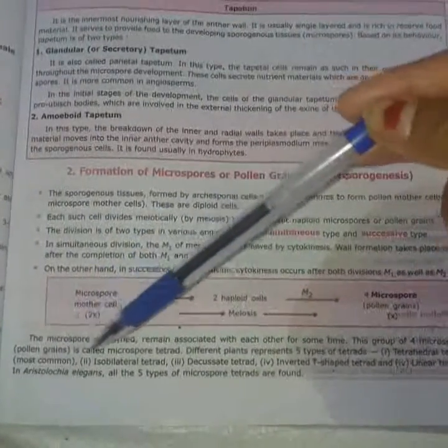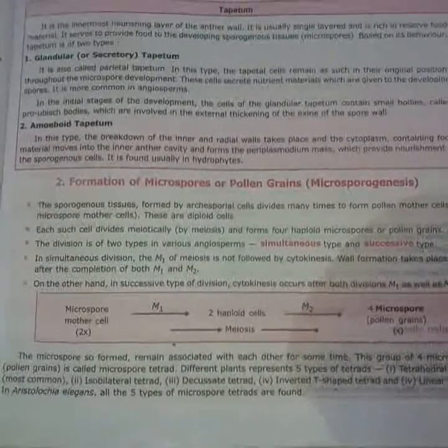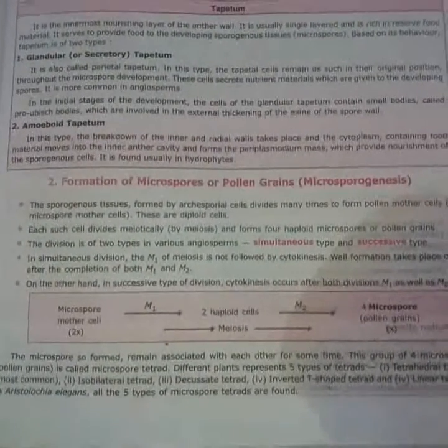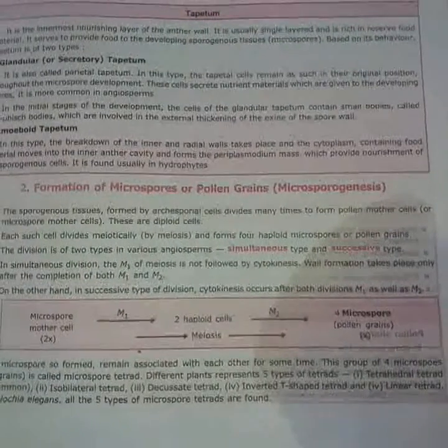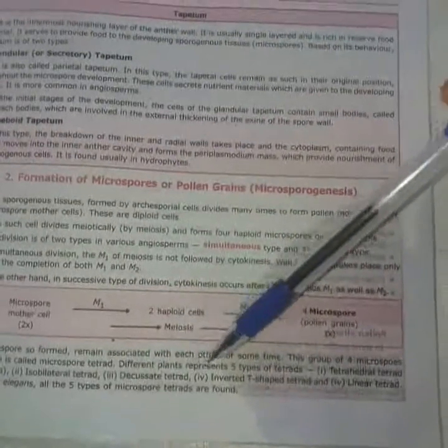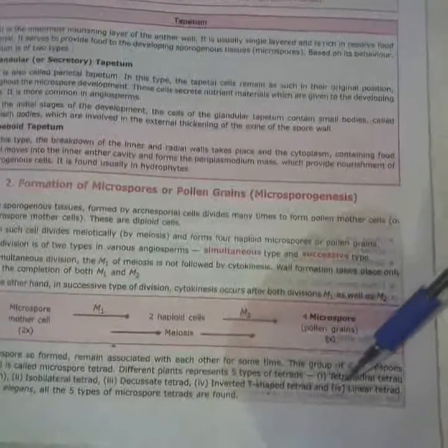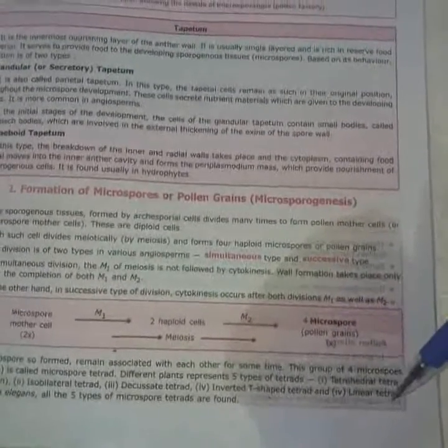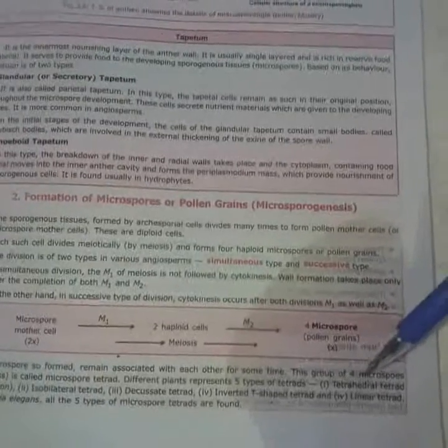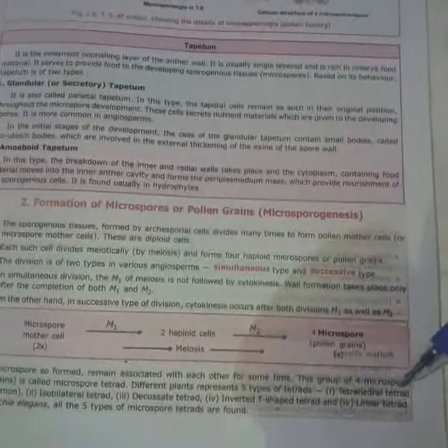It is the most common arrangement of pollen grains. Next is the isobilateral tetrad, then the T-shaped tetrad and the inverted T-shaped tetrad. Last is the linear tetrad, but most plants have the tetrahedral tetrad.